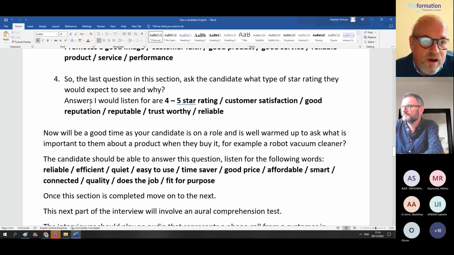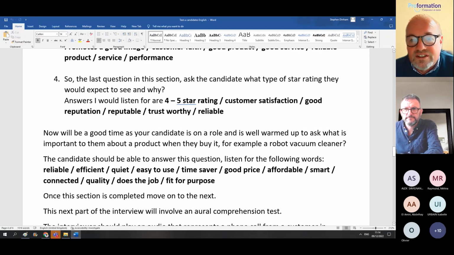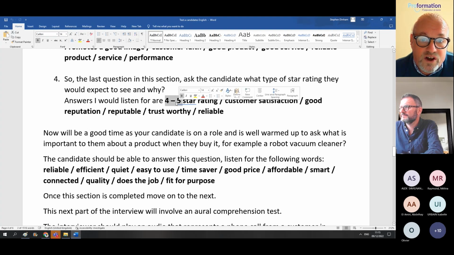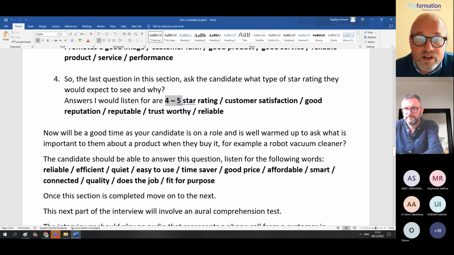Now, answers I would listen for are 4 to 5 star rating. If you're running a business, you really would like to be 5, but between 4 and 5 is better than 1 or 2. So the candidate should be able to explain this.